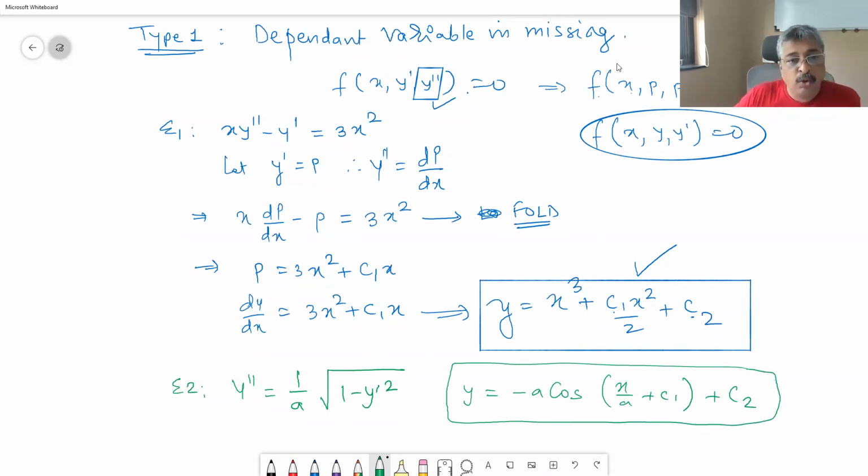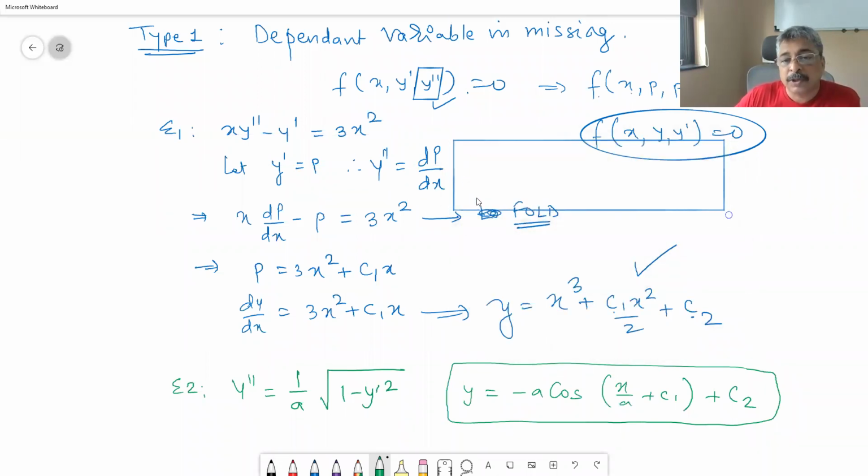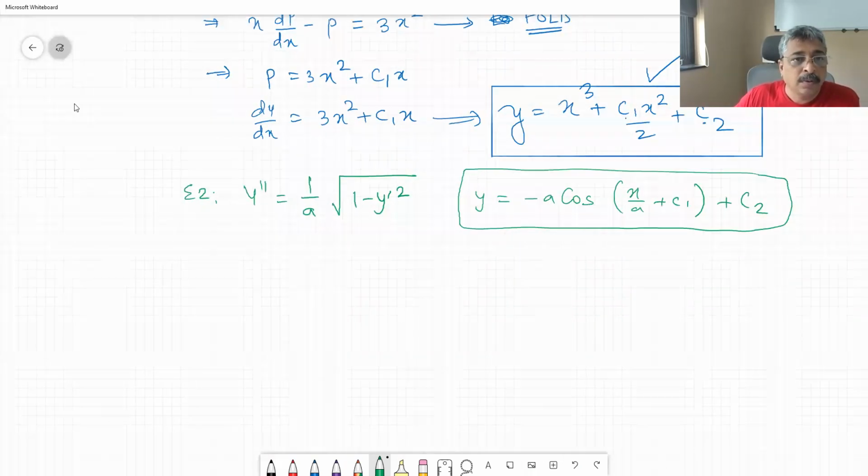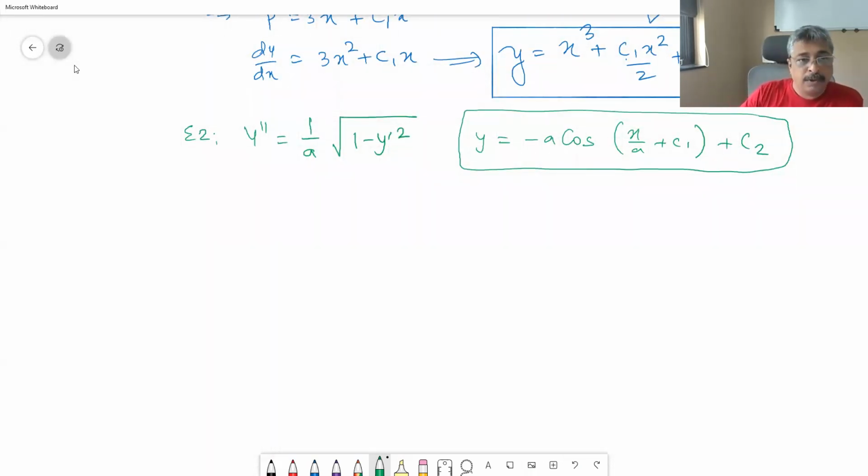Okay, one more of this type. Example 3: x y double dash minus y dash cube minus y dash is equal to 0.